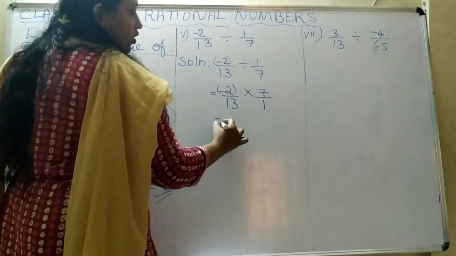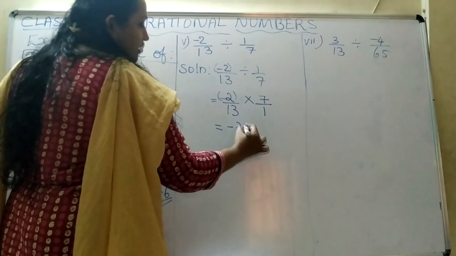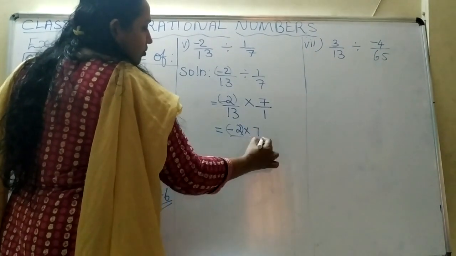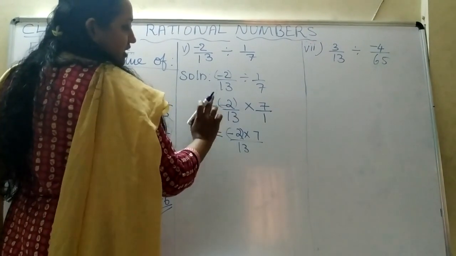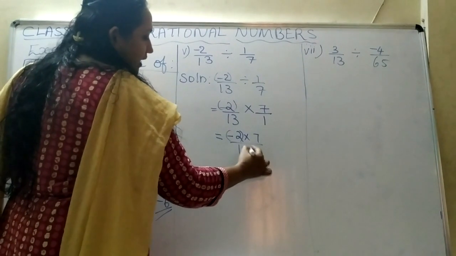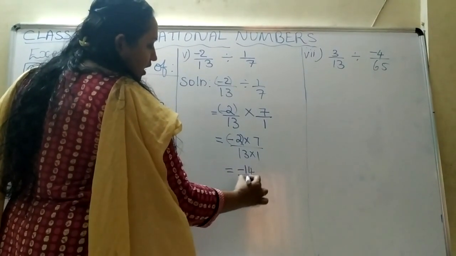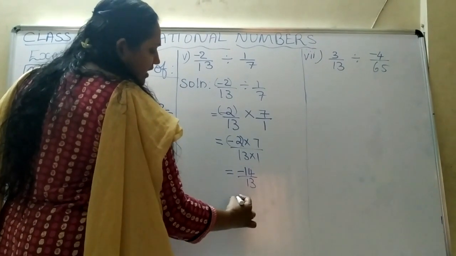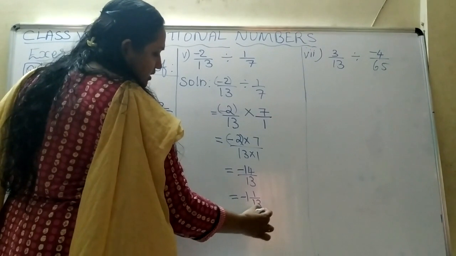Now apply the rule of multiplication of rational numbers: multiply the numerator upon multiply the denominator. So we are getting minus 14 upon 13. That can be written as minus 1 integer 1 upon 13.